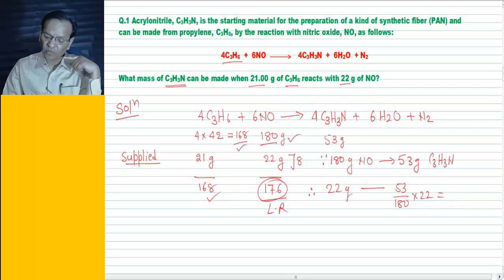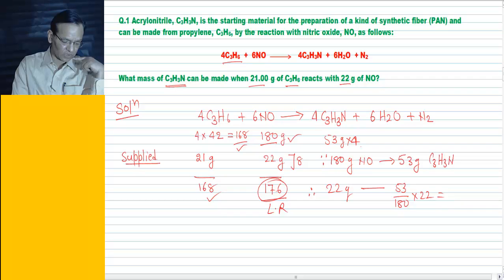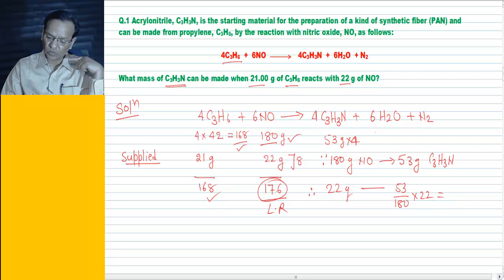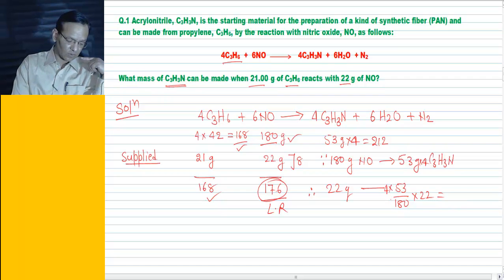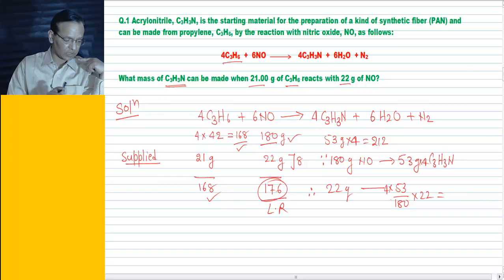It is 53 the molar mass, so multiplied by 4 for 4 moles. I am very sorry. So 53 into 4, so 212. So now 53 into 4 into 22 divided by 180, so it is 25.9 gram.